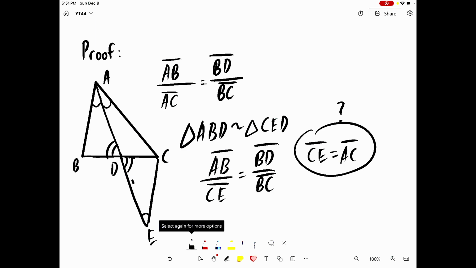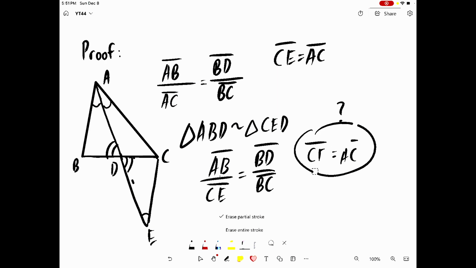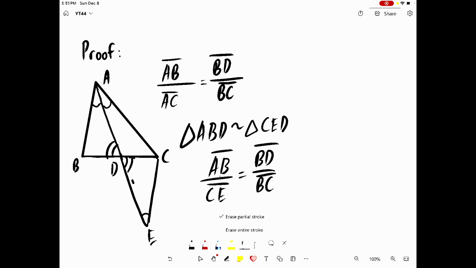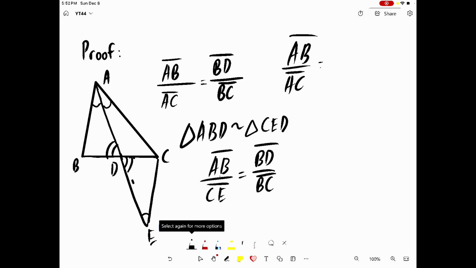And since CE and AC are the corresponding sides, CE is equal to AC because of isosceles triangle rules. So, in the very end, after all that work, we get AB divided by AC is equal to BD divided by BC. And that's our theorem.